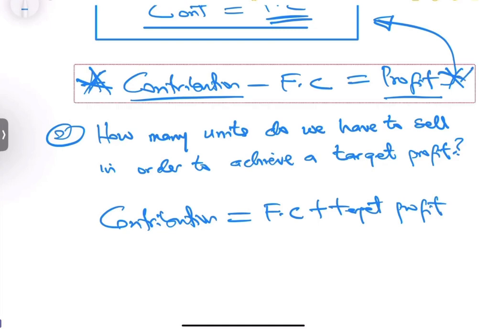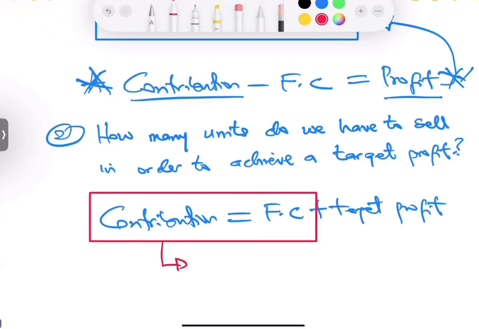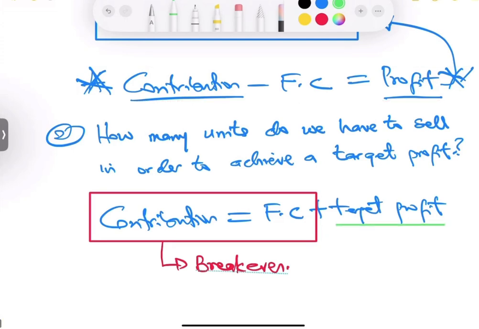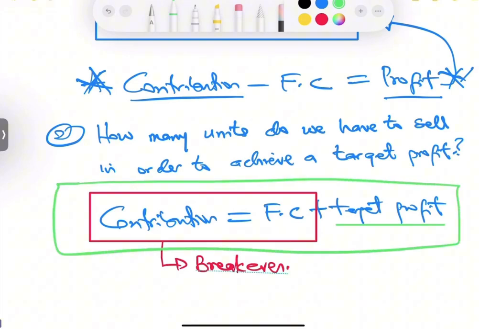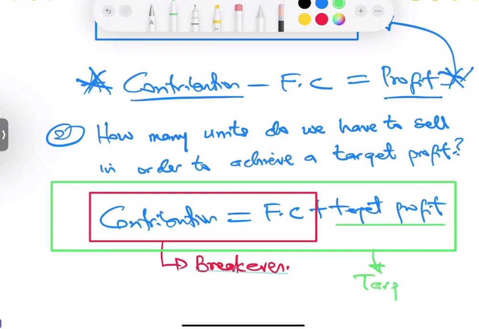Remember, to break even is just this part. This is when we break even, the first question: contribution equals fixed cost. But when we decide to go beyond breaking even, we now add the extra profit that we want. And in that case, contribution now becomes target profit plus the fixed cost. This is the second question, to achieve the target profit.